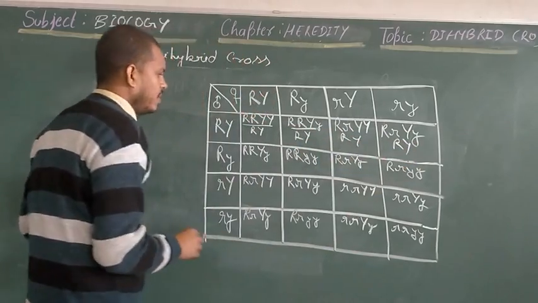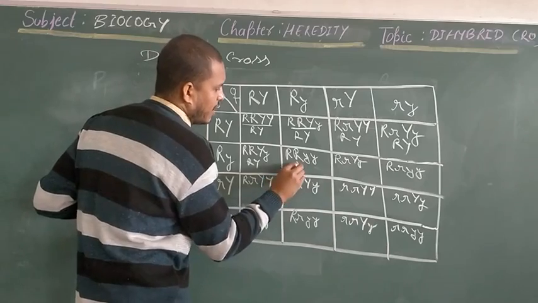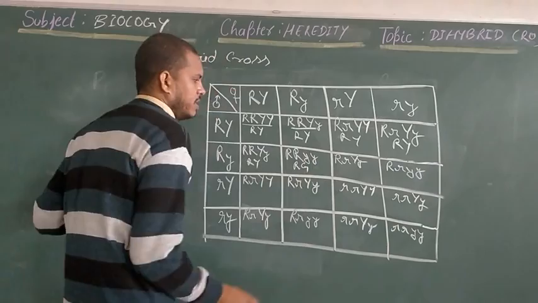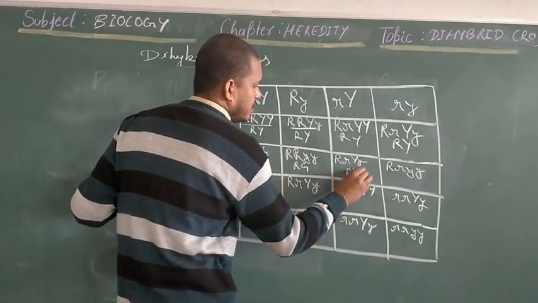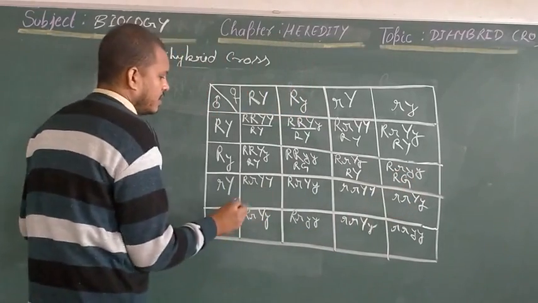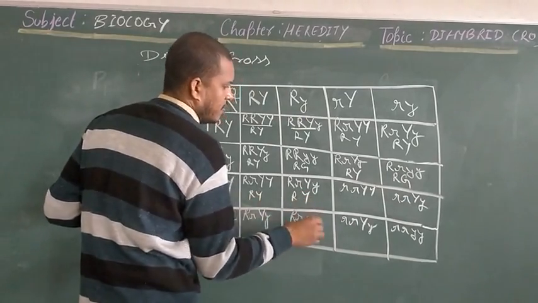Yes, these all are round yellow. This one is a round green, because small y is in the homozygous condition. This is also round yellow, round green. Here you will get round yellow, round yellow.